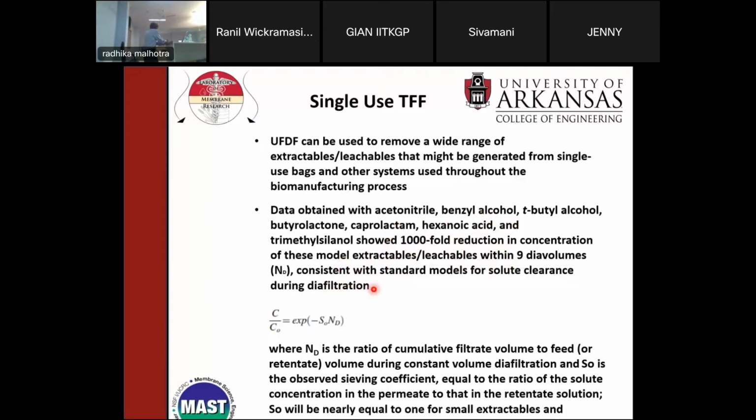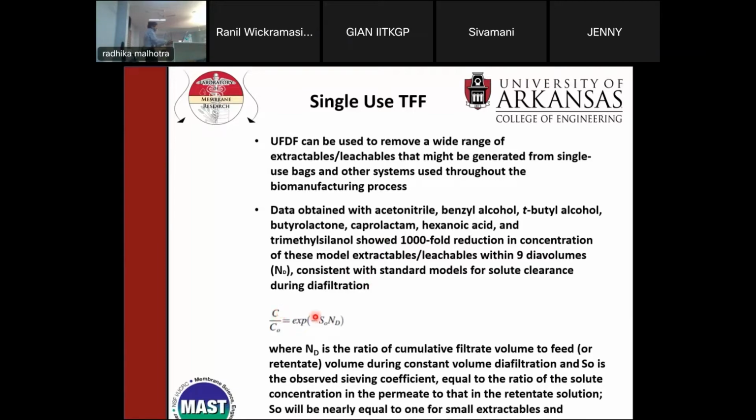A diavolume is what you need to know anyway: it's one feed volume. So 9 times the feed volume you would have to use, and actually we've seen this before.